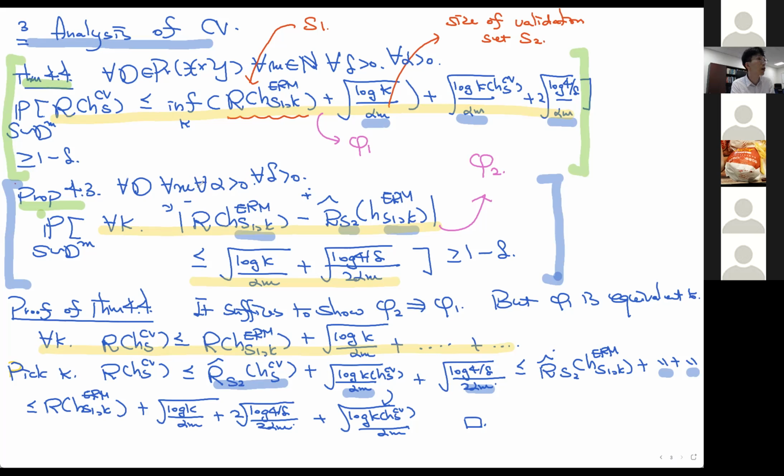But to talk about performance of the algorithm, we have to go from the real risk, the risk of what's computed by the algorithm, to the empirical risk of that guy, and the empirical risk of some other things that we are comparing, and then the risk again.